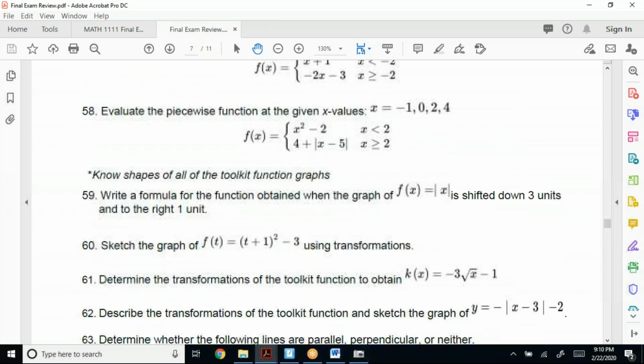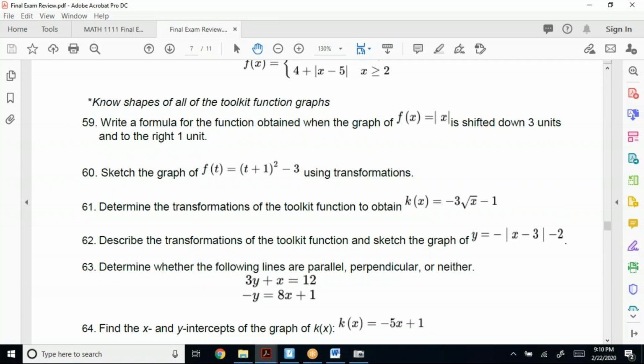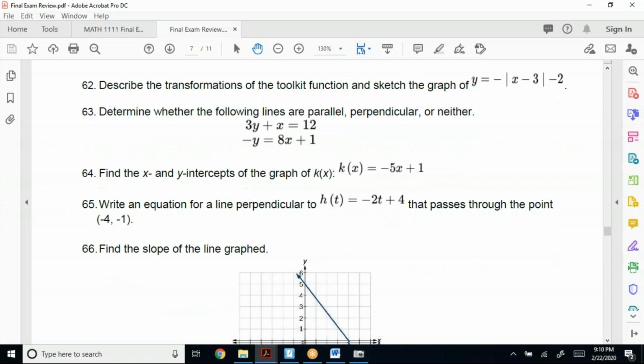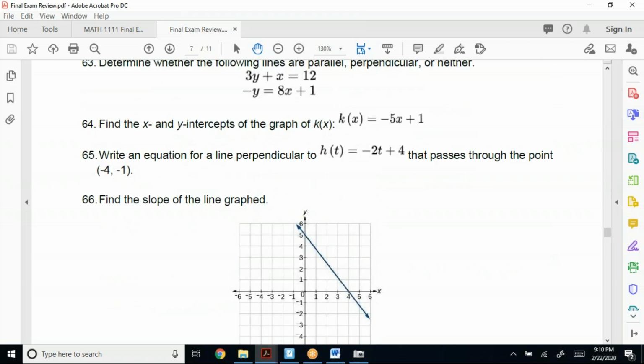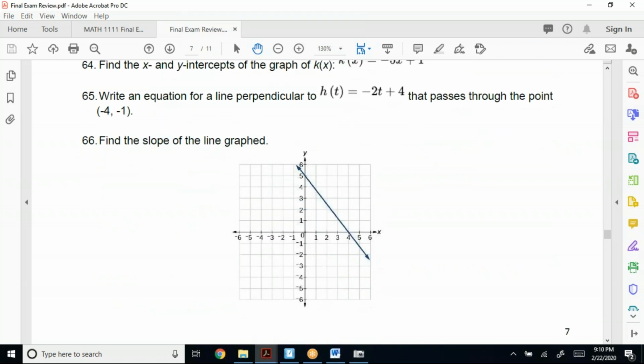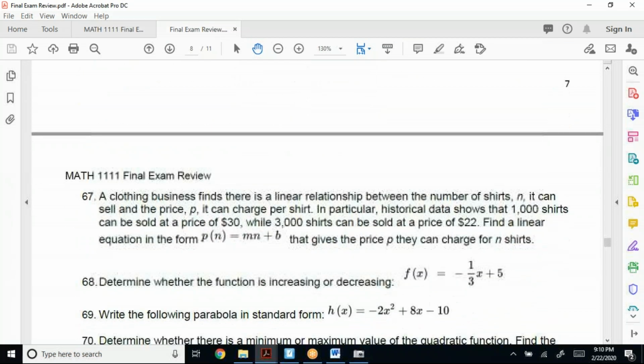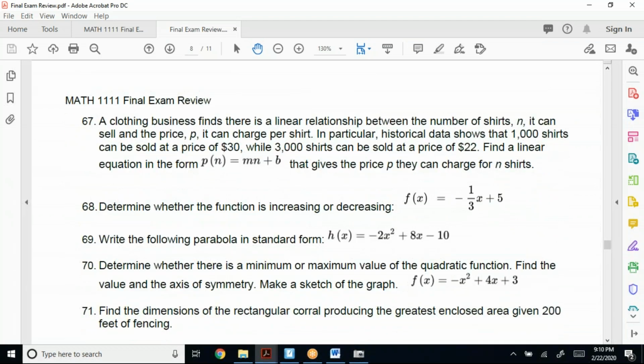58's a real good one. 60, sketch and transformation. 62, well, that's an absolute value, but really look at transformations of quadratics. That would really be good. 63 is not bad. 65 is real good. 66 is a real good one. Yeah, 68 is real good.